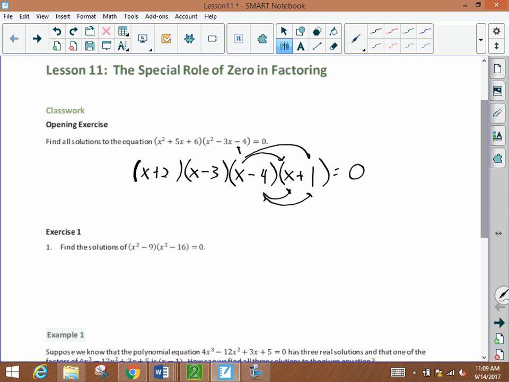So let's answer the question. Let's find all solutions. So we've set this thing equal to 0. So that means that any value of x that I could plug in there that would give me 0 would be a solution, right? So for instance, imagine that x is -2. If I plug a -2 plus 2 in here, right, I get 0.